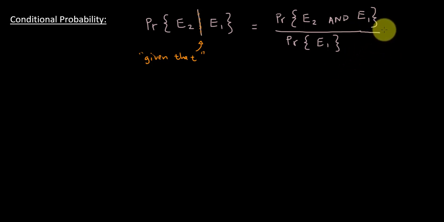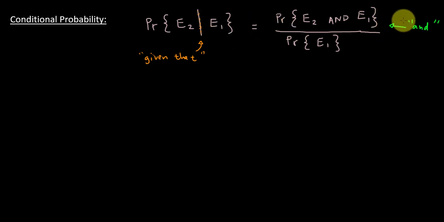A caution I must advise against here is, in this numerator, we saw the word "and." We saw it in the independent events video. In this case, if two events are conditional, they are not independent.